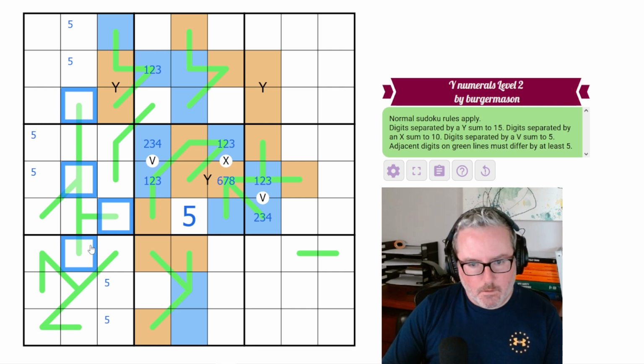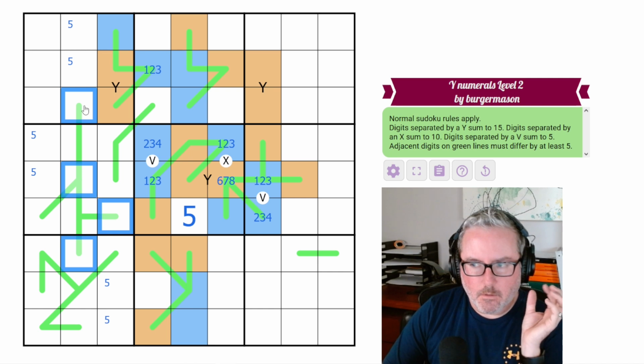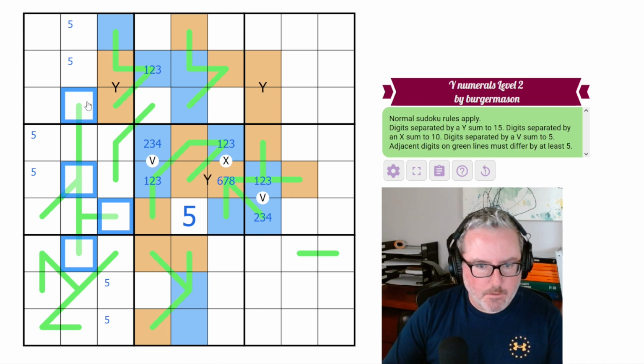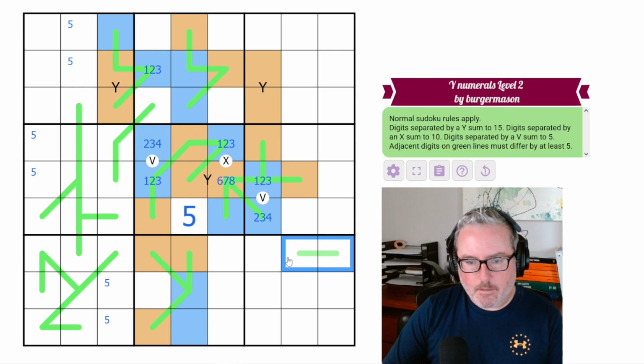Not necessarily. We might have to do some different coloring to see if this interacts with this and creates problems somewhere else. Well, I guess what we can say is, let's look at this first.